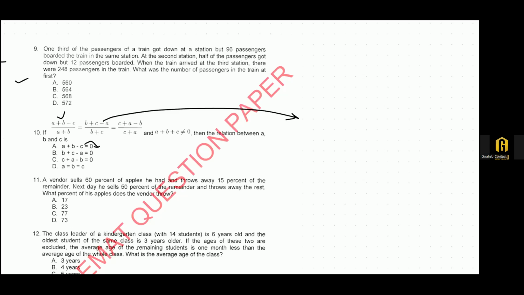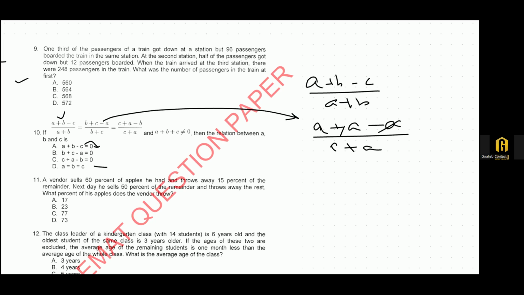So if I put in the first part, (a plus b minus c) upon (a plus b), if I put a is equal to b is equal to c as in option 4, the first part will become a plus a minus a upon a plus a, which will become a upon 2a, which is nothing but 1 upon 2.